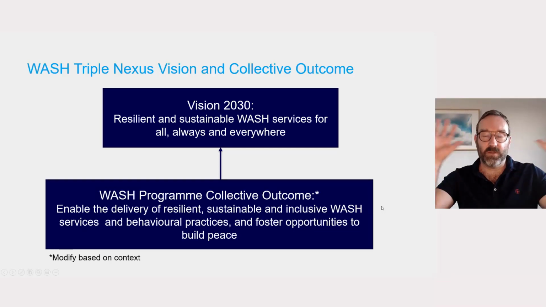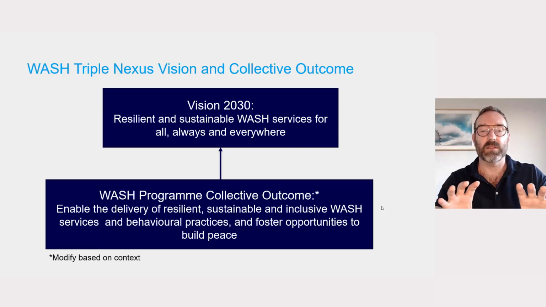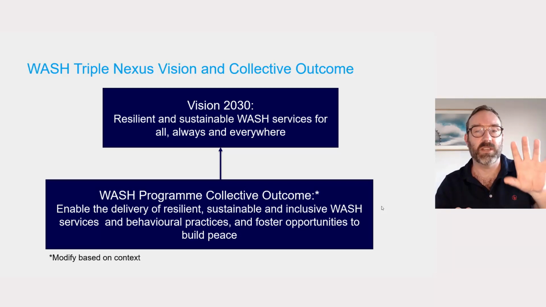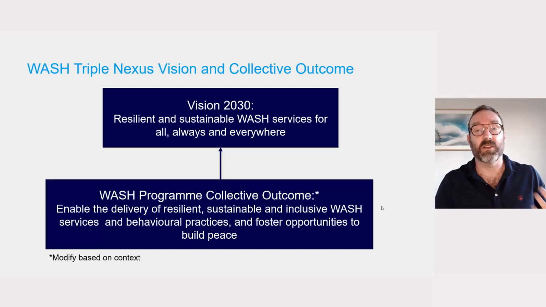To achieve this overall vision by 2030, we come down to the program level, and here we're focusing on WASH program collective outcomes. Again, these are outcomes that can be achieved by humanitarian, development and peace actors working together, and these should be modified based on the context you're working in.